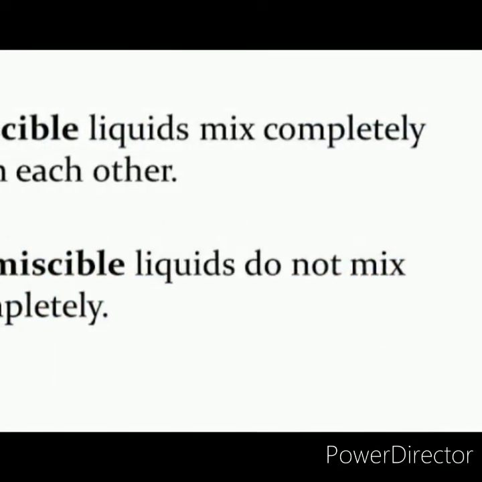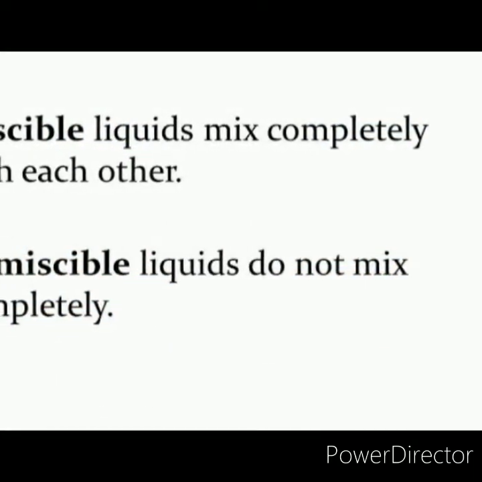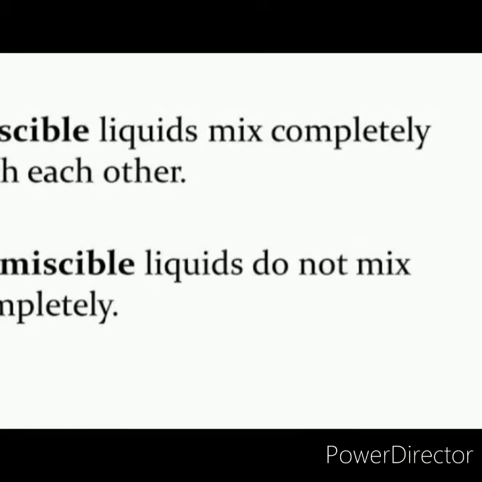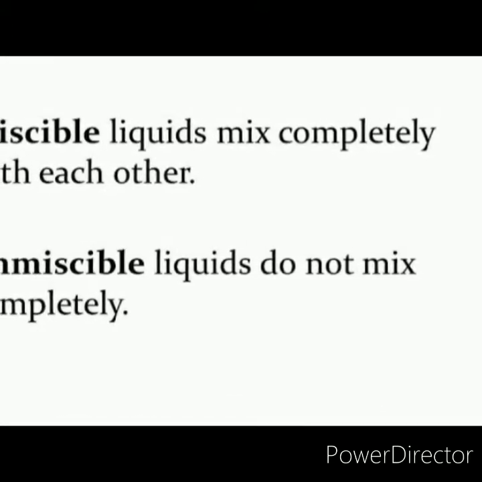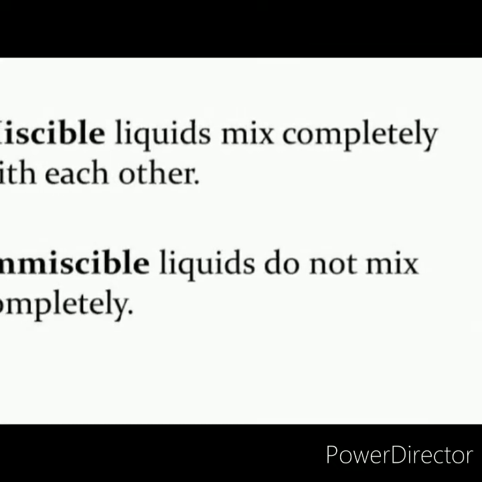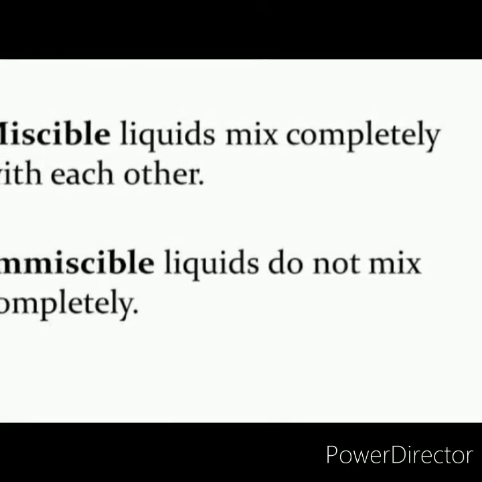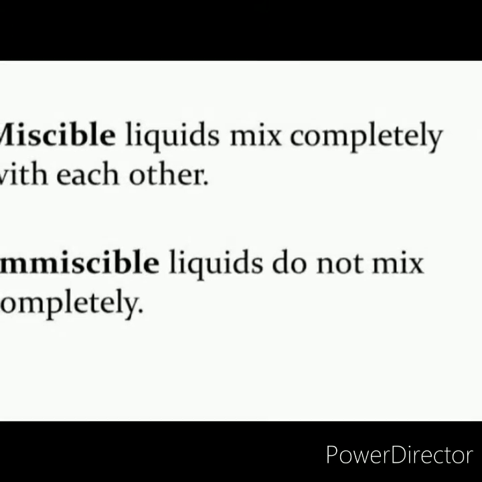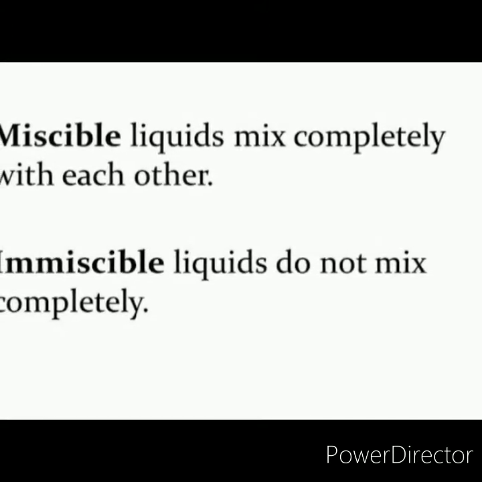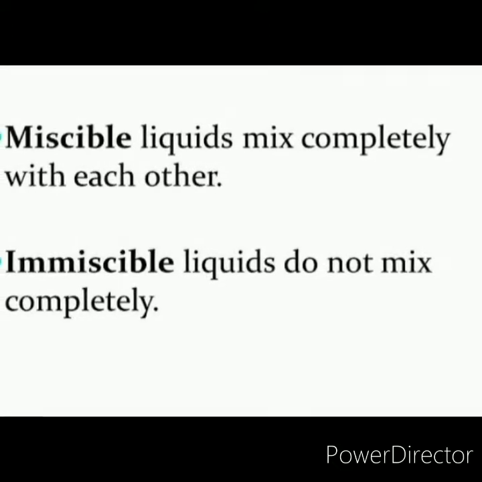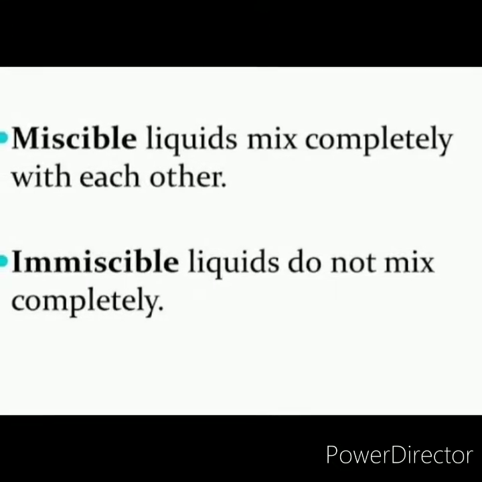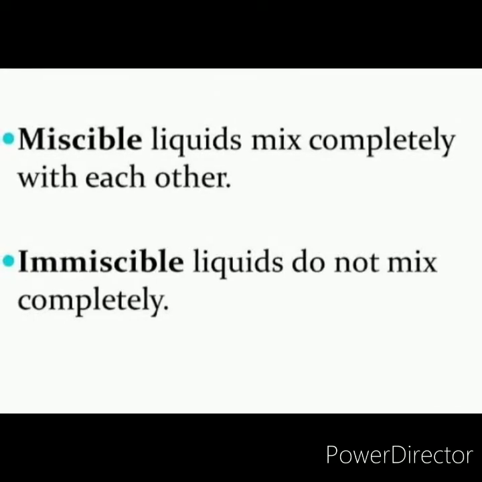Now, after soluble and insoluble things, we start with the topic of miscible liquids and immiscible liquids. What are miscible liquids? Miscible liquids are the liquids which get mixed very completely and very easily into each other, whereas immiscible liquids do not mix into each other completely. They are easily separable.